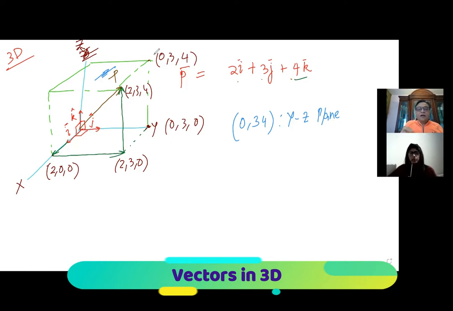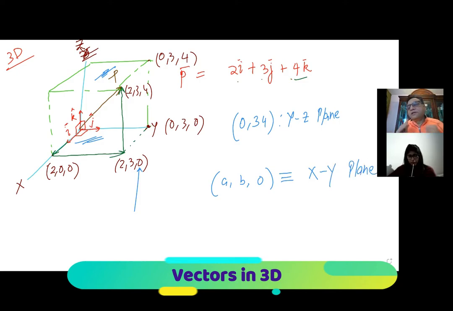And if you look into this plane, which is the floor, you see the Z values are 0. So that means if I give you a coordinate point, which is, for example, some value A, B, and 0, it simply means that this point is on the XY plane. You get the idea.